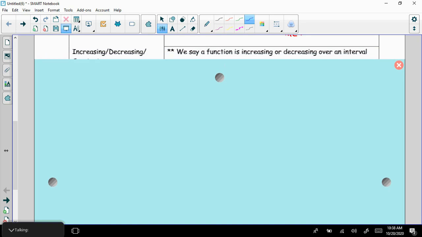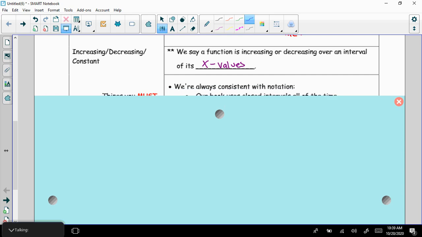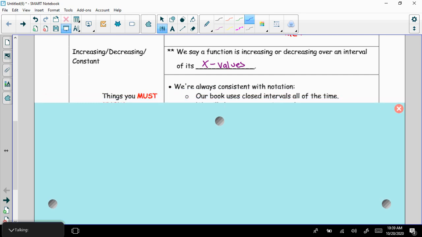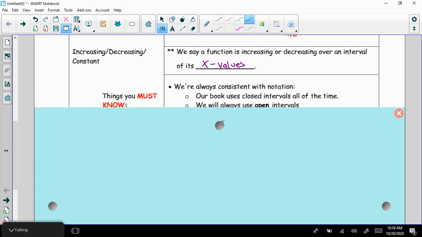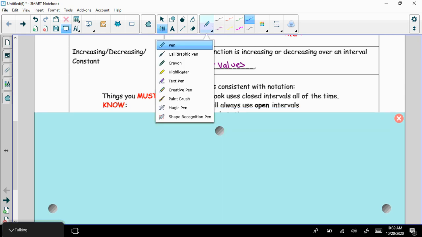All right, so we say a function is increasing or decreasing over an interval of its x values. So when we're describing those values and we're giving that interval, we give the x values specifically. We don't worry so much about what those y values are. We are going to be consistent with notation. Our book, if you have been following along at all, uses closed intervals all of the time.